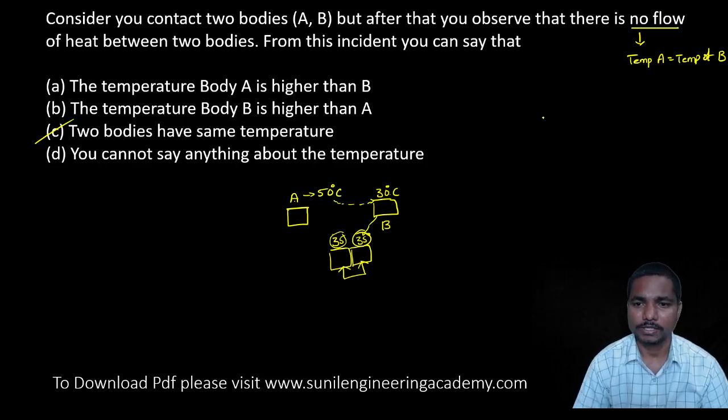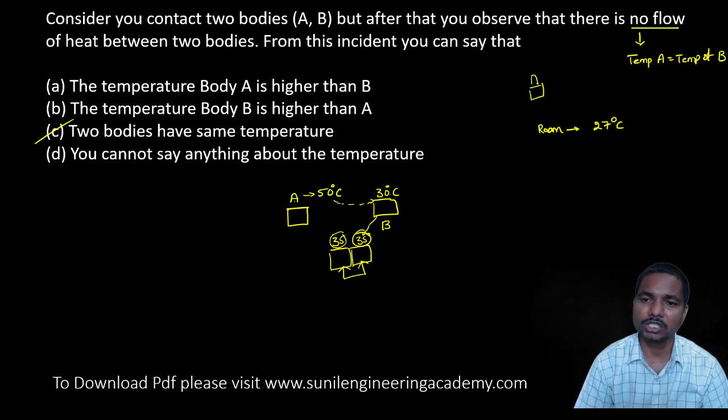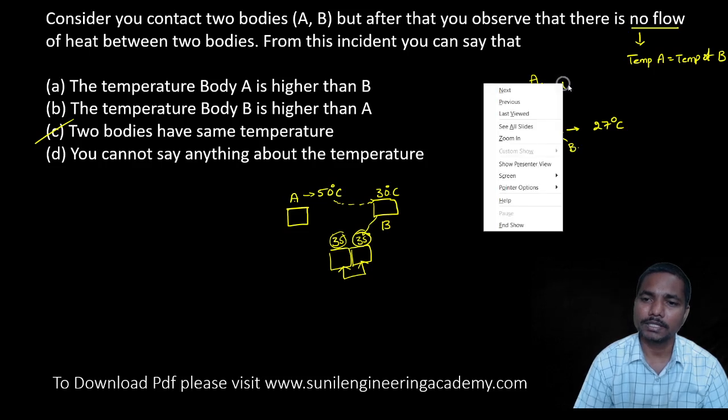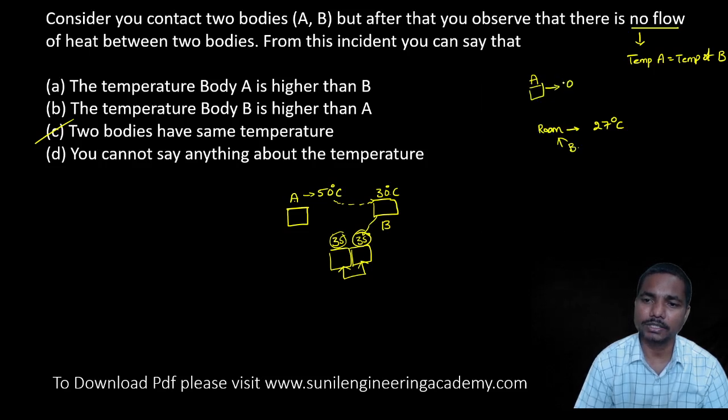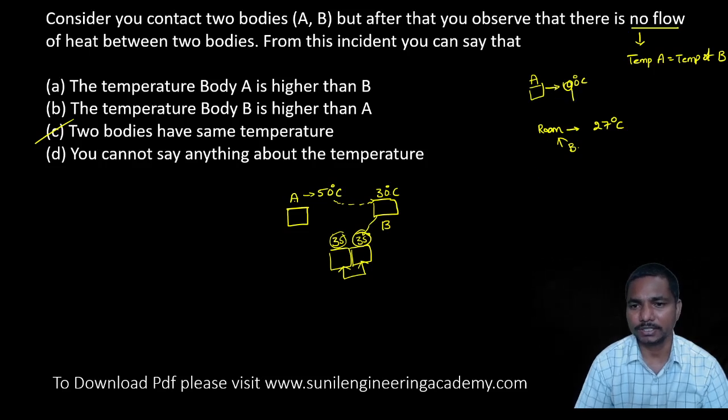For example, let us take a room. Room temperature, let us consider 27 degrees centigrade. If you place water of 90 degrees Celsius in the room, then what will happen?